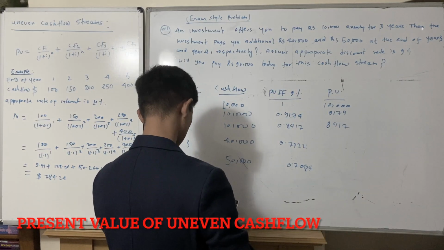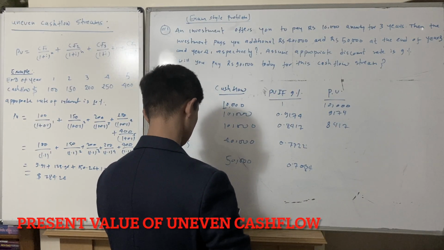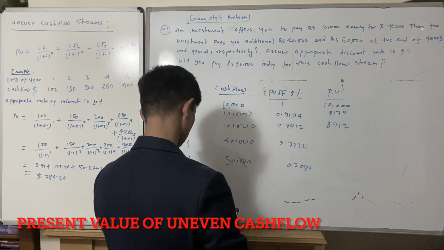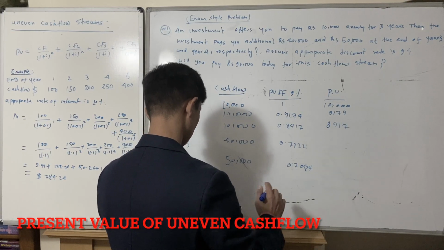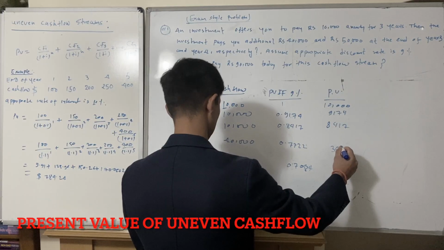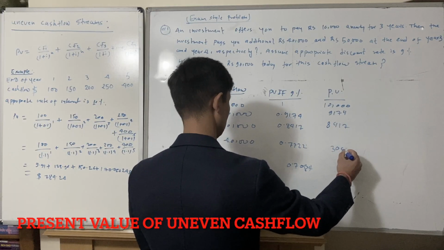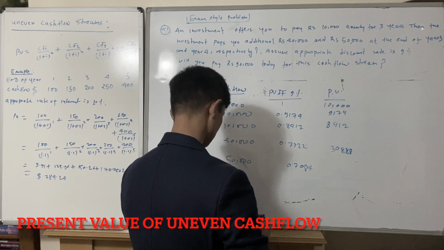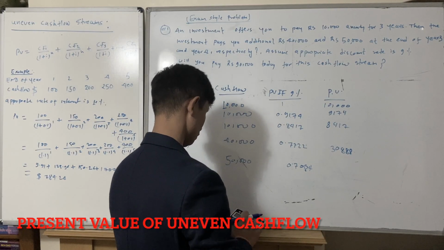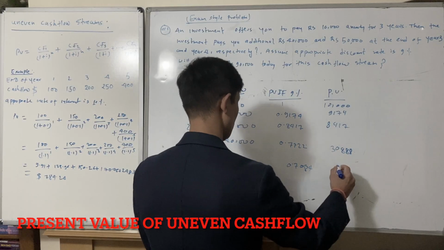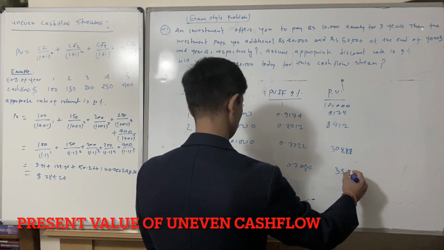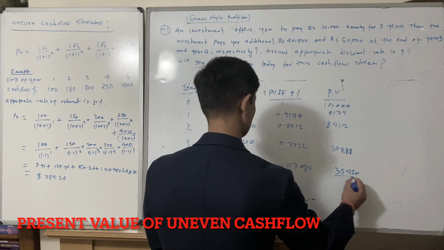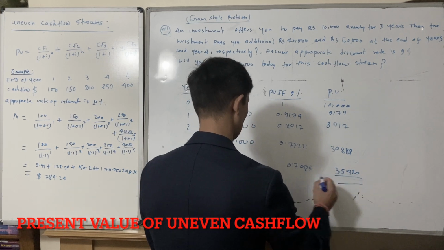Then 8,417. 40,000 multiplied by 0.7722, we get 30,888, and 50,000 multiplied by 0.7084, we get 35,420. So let's add up all together. How much do we get?